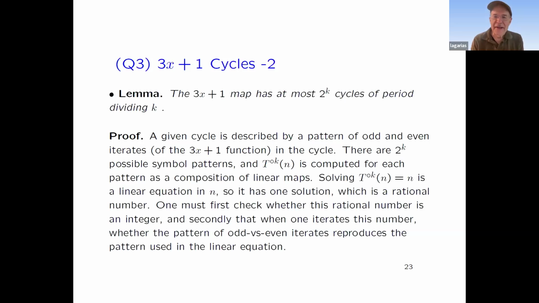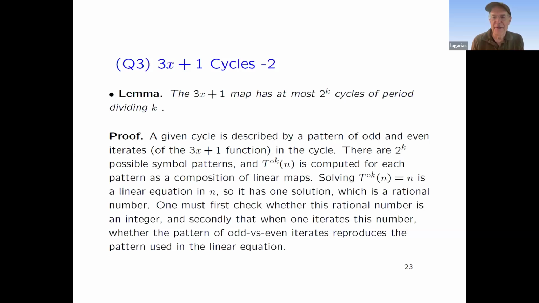And if that rational number is an integer, then it could be conceivably a 3x plus 1 cycle, but you would have to plug it back in and iterate it to make sure, because, well, I'm not absolutely sure that it's going to actually produce the same symbol sequence as the symbol sequence you use to compute the cycle.